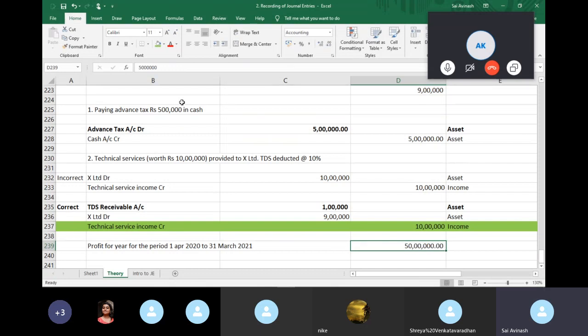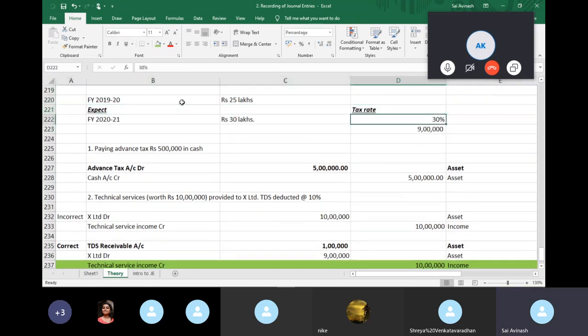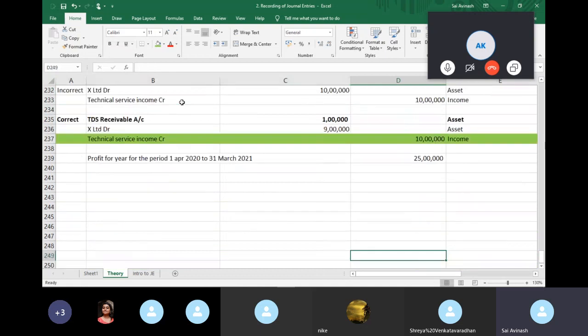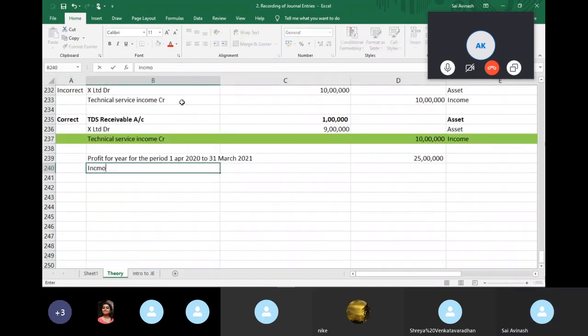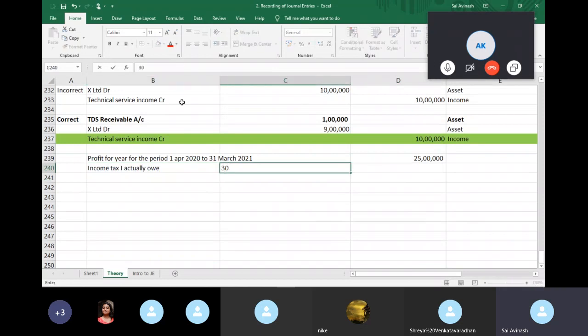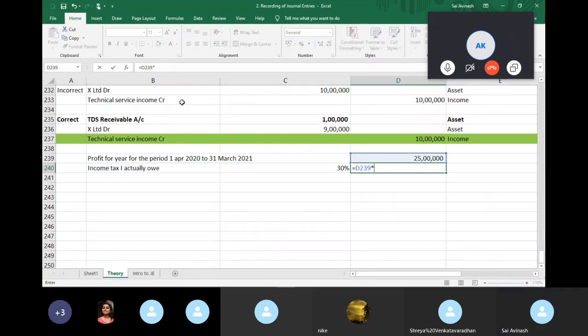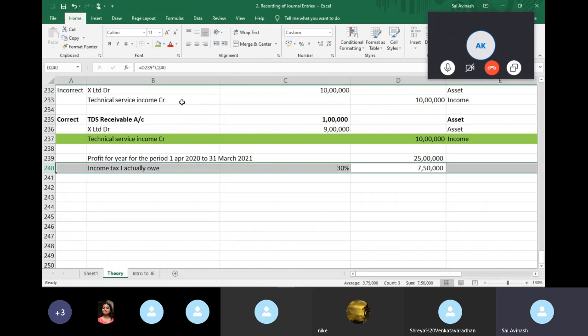I've actually made a lot more profit. No, let's make it easier. We actually reduce it. Now, I've only made 25 lakhs. I expected to make 30 lakhs profit, right? But I only made 25 lakhs. So what is the income tax I owe? 30%, right? 30% of 25 lakhs is 7.5 lakhs.